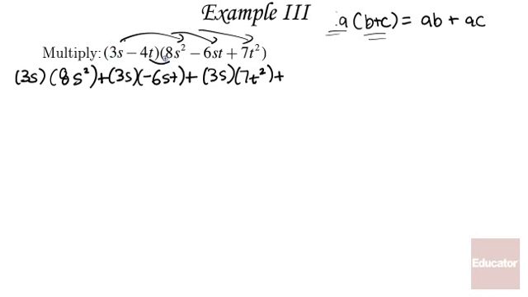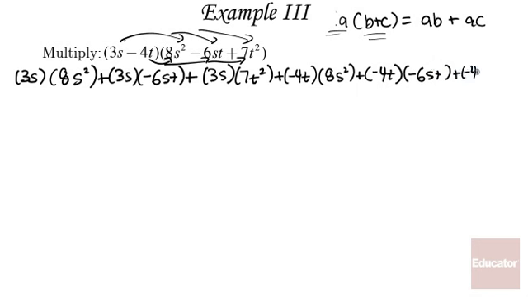Now negative 4t times each of these. Negative 4t times 8s squared plus negative 4t times negative 6st plus negative 4t times 7t squared. Okay, so now I've got everything multiplied out.